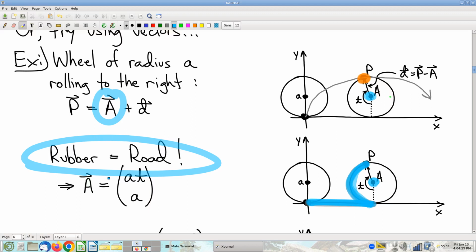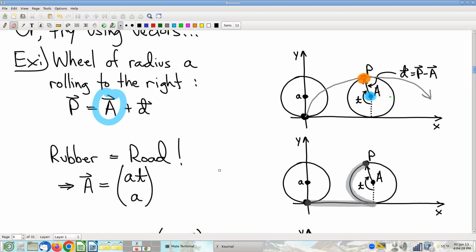And so grand total, let me use different colors here, the amount of road that has touched rubber just has to equal the amount of rubber that has touched road. Does that make sense? If these were different, then that would mean that there was some sort of slipping or dragging, or somebody's peeling out, skidding effectively. So that's the whole idea there. All right.